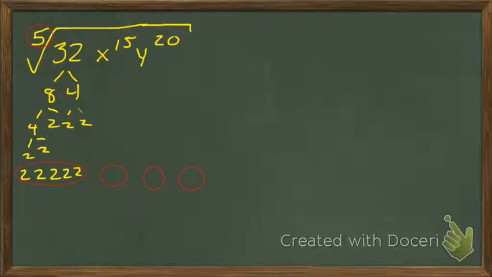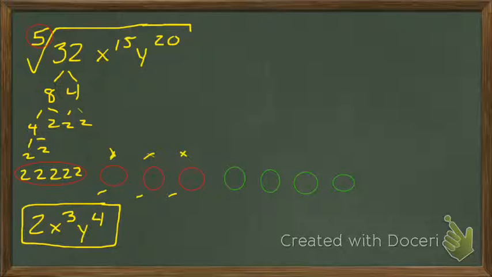You're going to have to do some division in your head. So we have 3 groups of x's. And for the y's, what are we going to have? 4 groups, none left over. So it looks like I don't have any lonelies whatsoever. So I have 2, 3 groups of x's, 4 groups of y's.